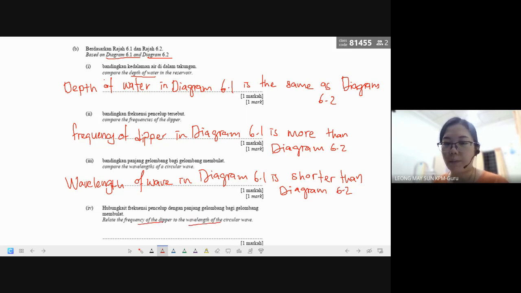That's the reason why I compare 6.1 and 6.2. Because when I relate the frequency of the dipper in 6.1, it's more, but the wavelength of the wave in diagram 6.1 is actually shorter.